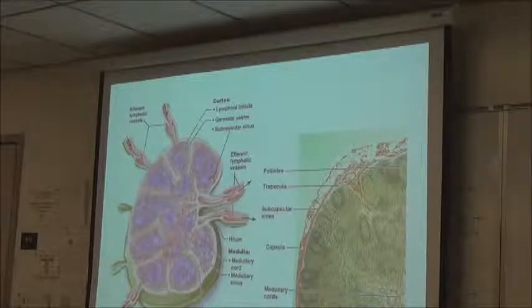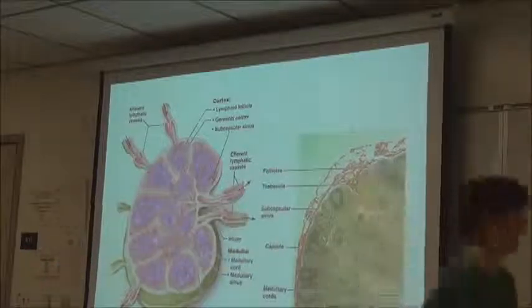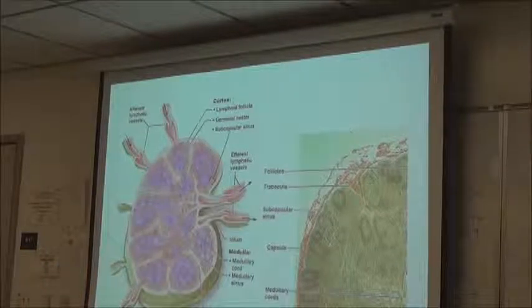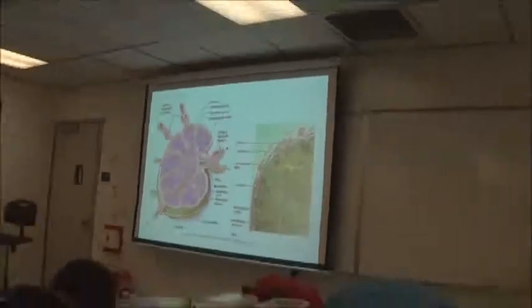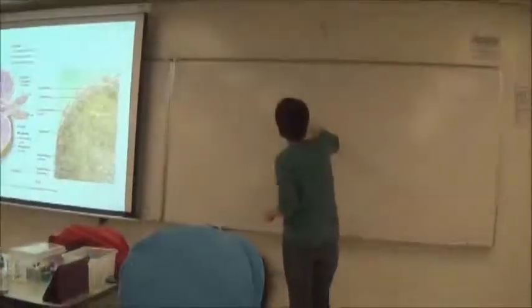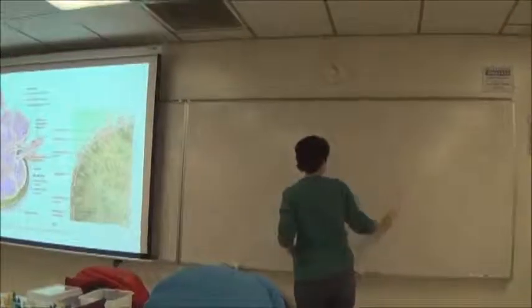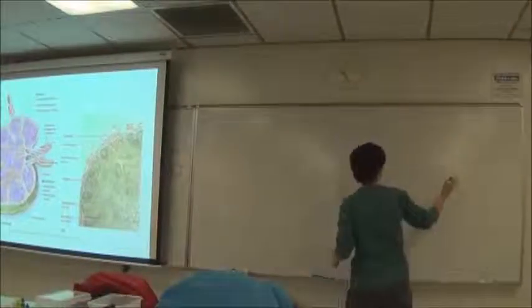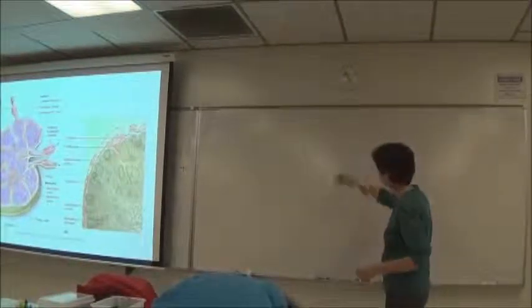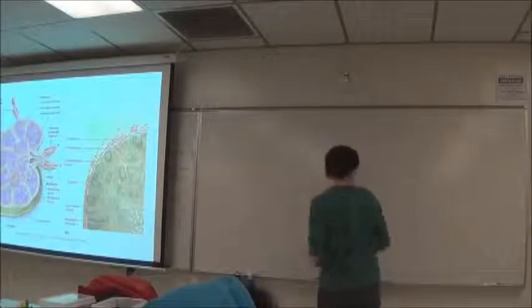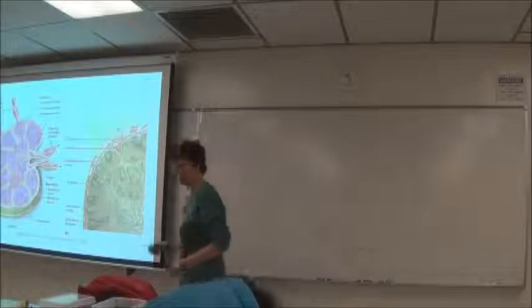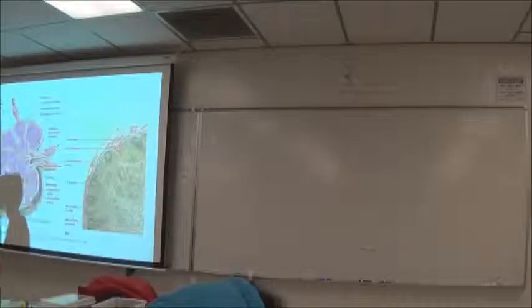So here's an image of a lymph node. You have this diagram on page 48 as well. And I'll diagram one. It has a kidney or kidney bean shape. And so we'll draw this in like this. So we have a convex surface and a concave surface. It has a capsule of dense irregular connective tissue.